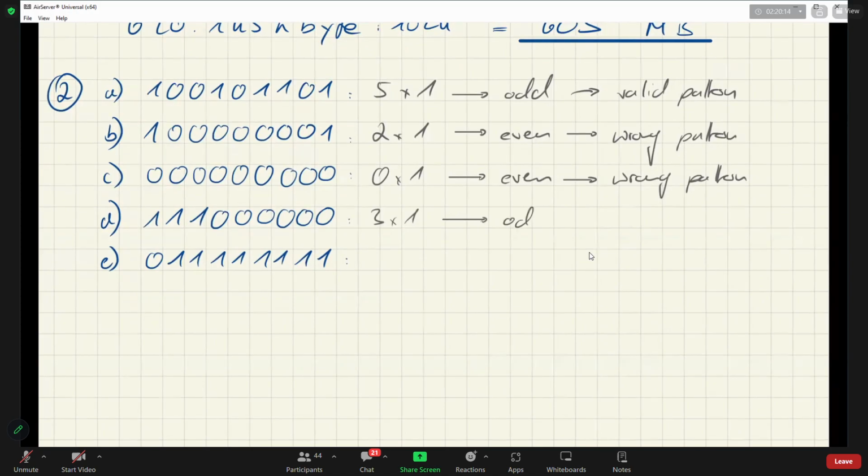Odd. A valid pattern. And 8 times 1. Even. A wrong pattern. Clear?